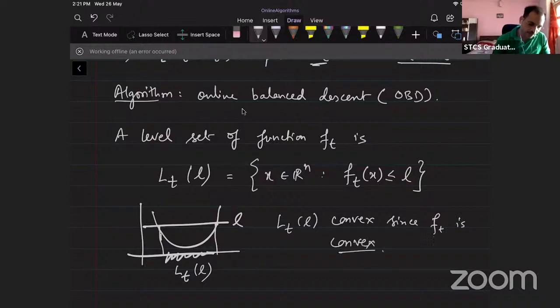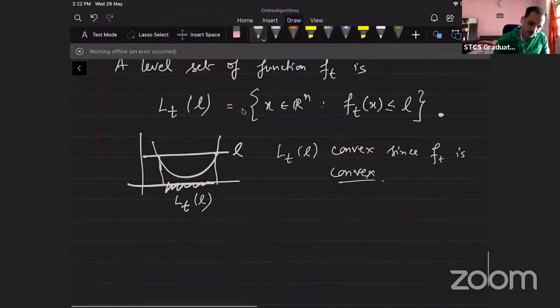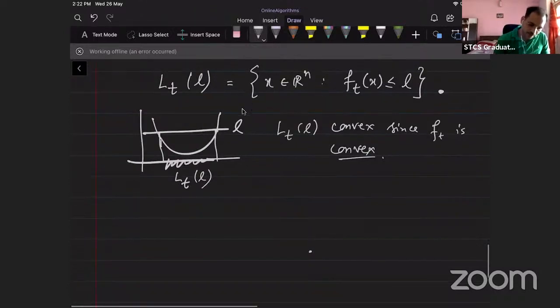Things are nice because I'm in good shape, because the functions ft are convex. So now, what would you like? Suppose this is my point xt star, and I can draw these contour maps around it.